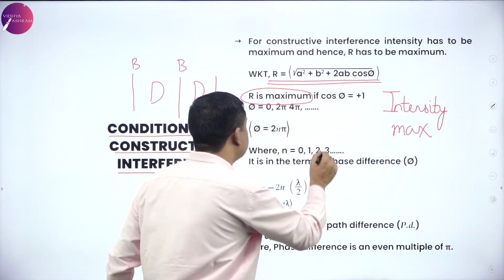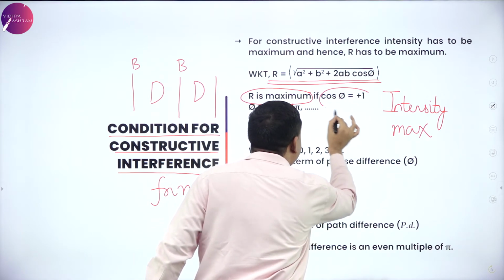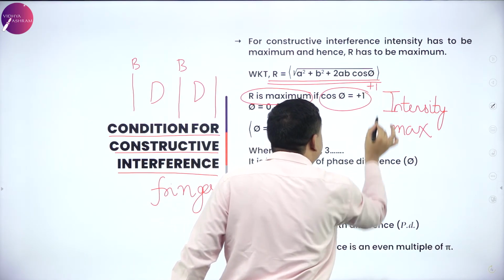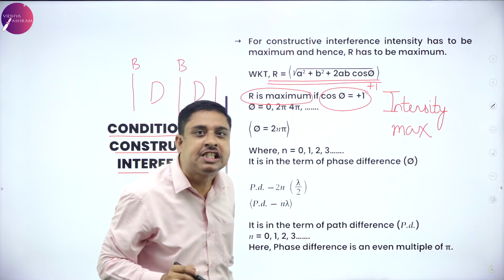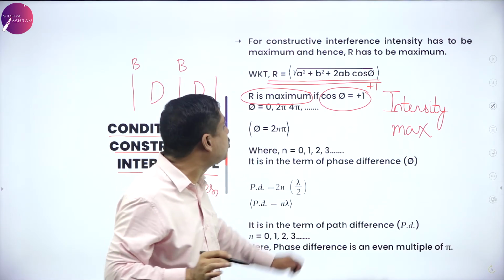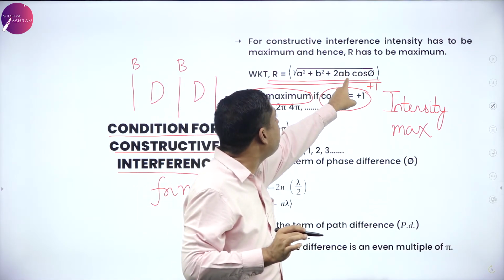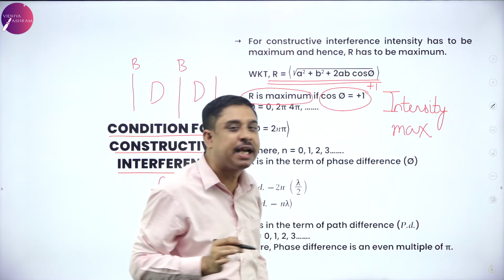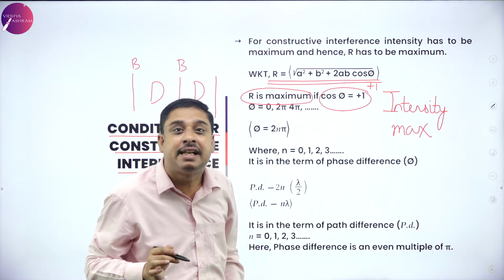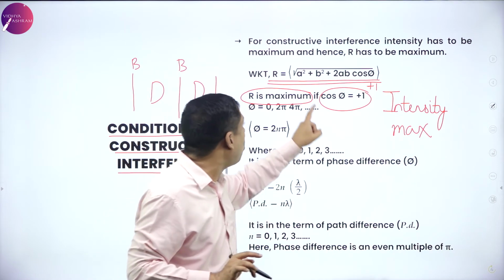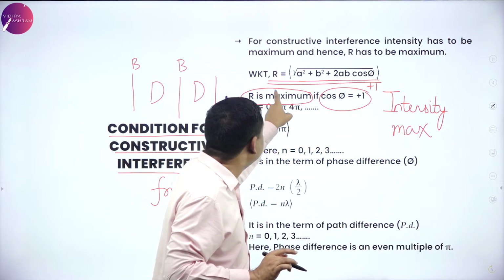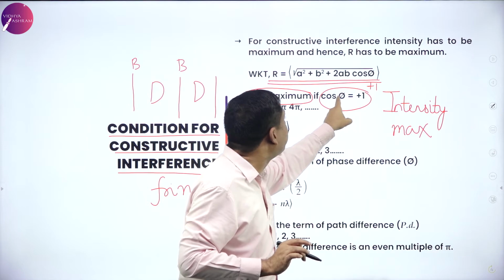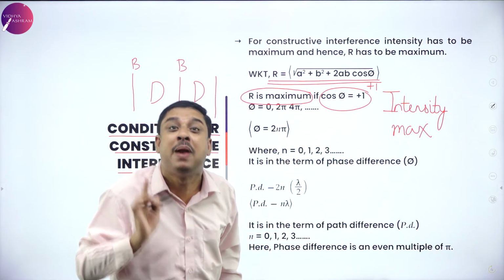This happens only when the value of cos phi is plus 1. If I say minus, this expression becomes minus, and the resultant decreases. So R is maximum if cos phi is plus 1.